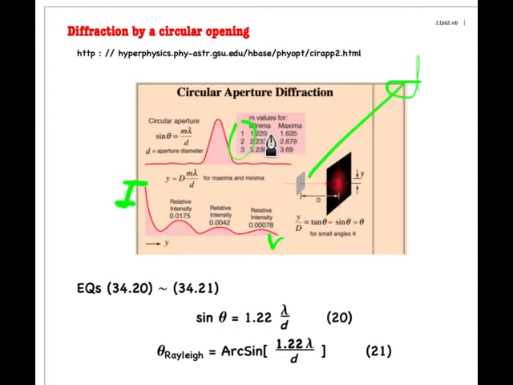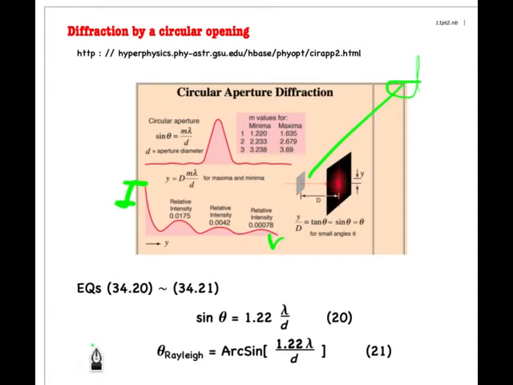It's like this. The minima occurs when m is 1.22, not an integer, but close to the integer 1. Sine theta is 1.22 lambda over d.